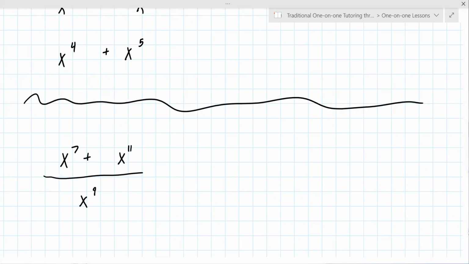So I want you to try this one on your own, please. X to the negative 2 plus x squared. Yeah, that's awesome.